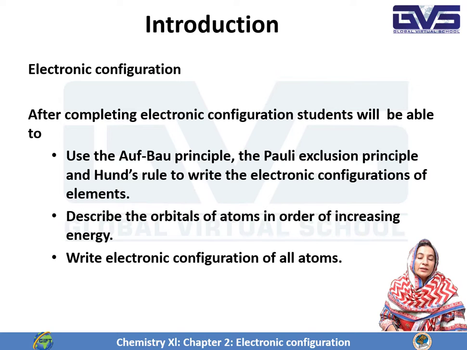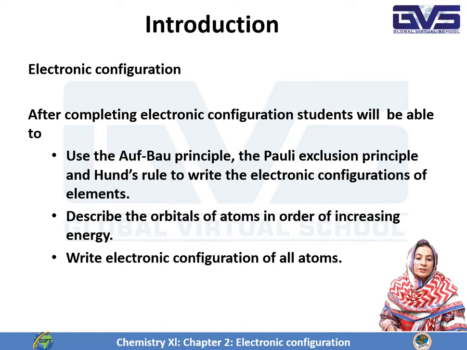And after completing this topic, electronic configuration, students, you will be able to use the principles like Aufbau principle, Pauli exclusion principle and Hund's rule to write the electronic configuration and to distribute the electrons in atoms.